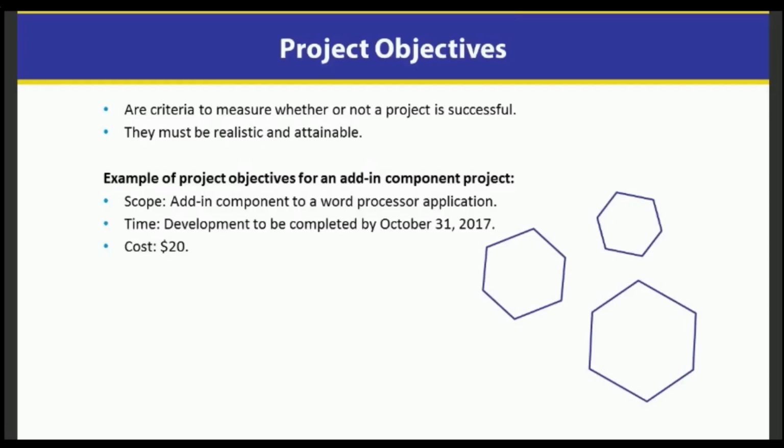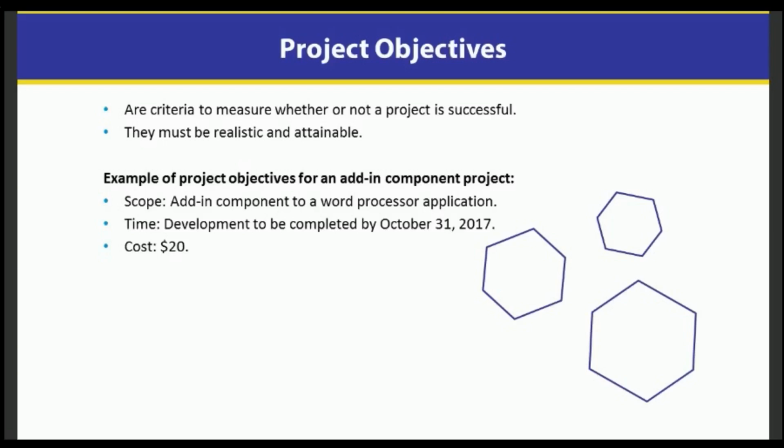Project objectives. So we stated earlier that we need to break the project out into objectives. So for instance, if I were building a building, then I would break it out probably into maybe the objective of the foundation, maybe the objective of putting the infrastructure together, maybe electrical and plumbing, and then finishing work. Those would probably be the main objectives, and there would be a lot of activities associated with each one of those objectives.